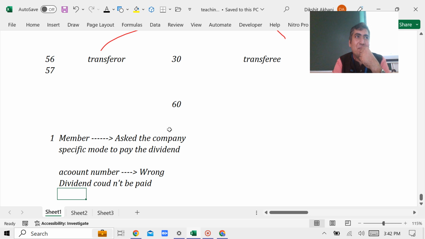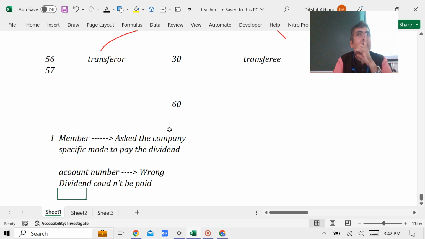To give the right, yes, exactly. That's what the argument. It's not a company's mistake. Why you see? When you are saying I want to do online, it is whose duty to give the correct account number? It is whose duty? Shareholder. So here in this question data, who is at the back foot?